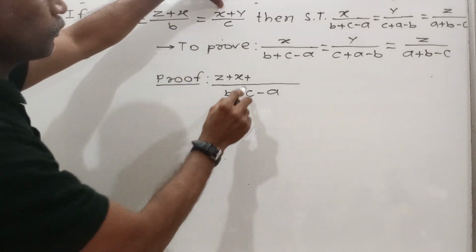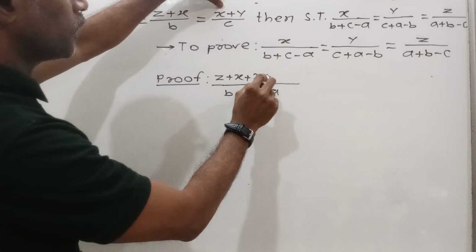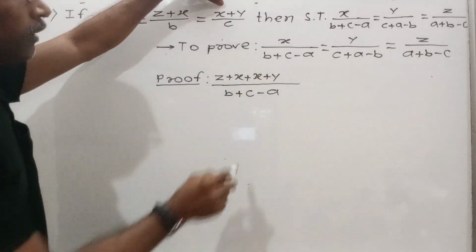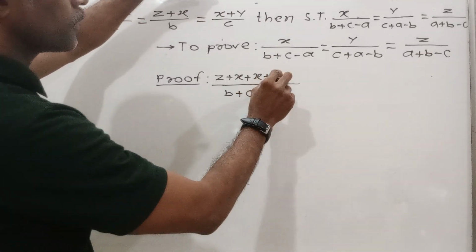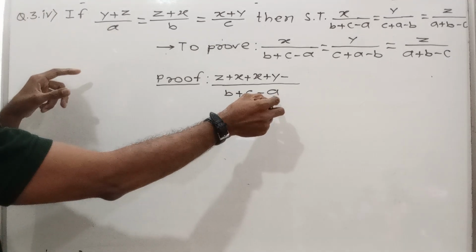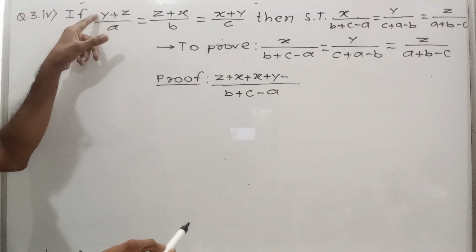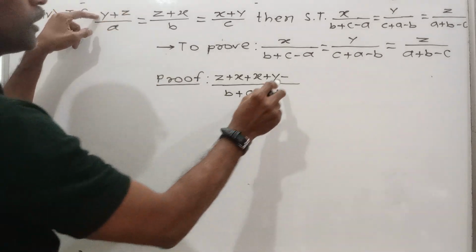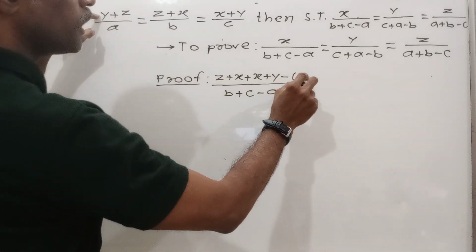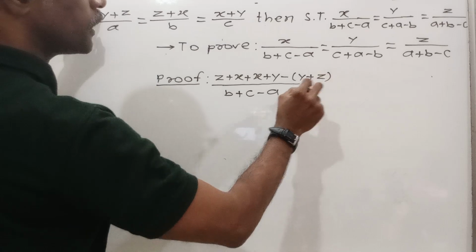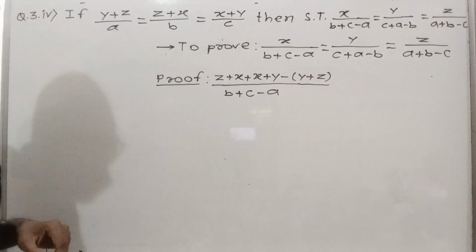Now denominator c and its numerator is x plus y. Then minus, here denominator a. What is the numerator of denominator a? y plus z. Did you understand?